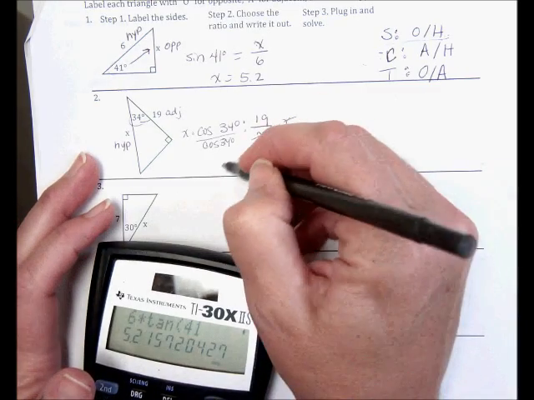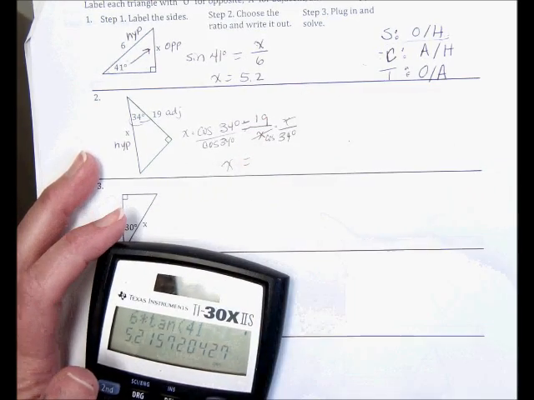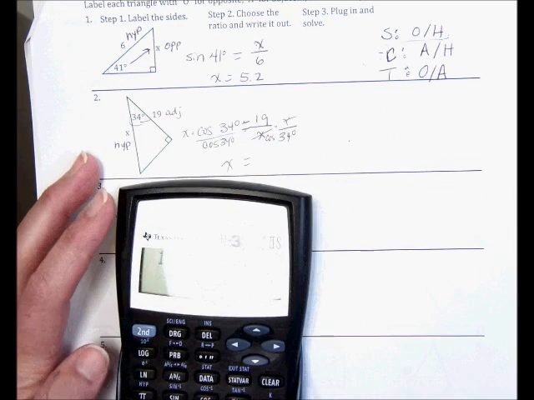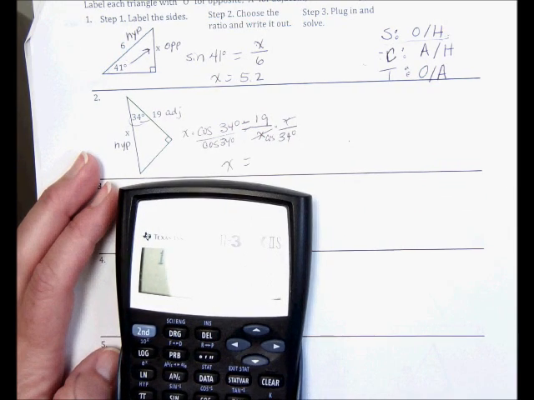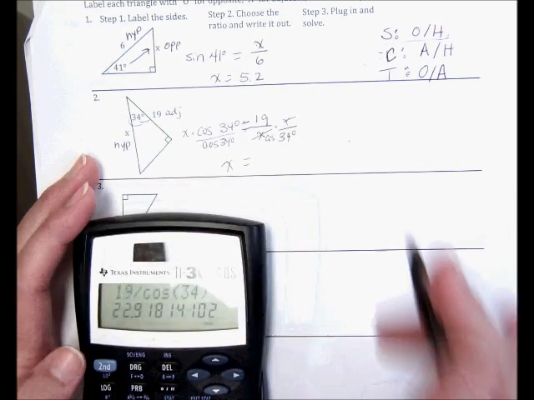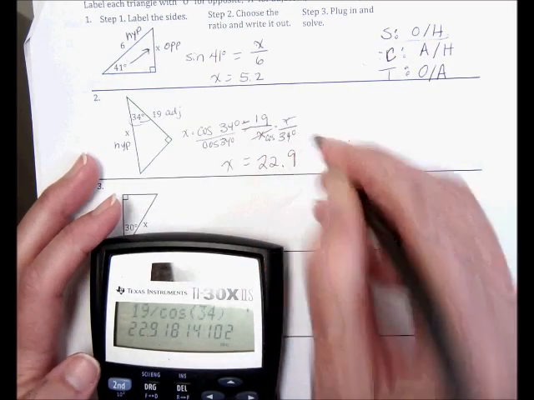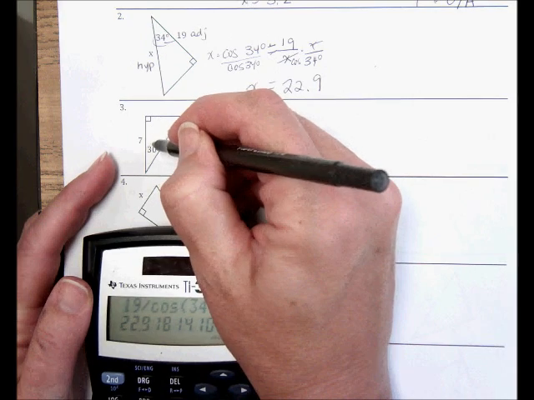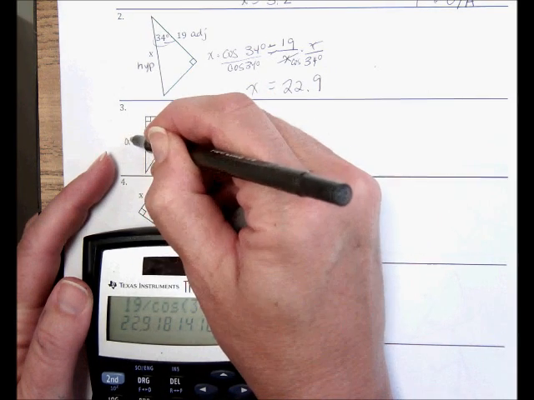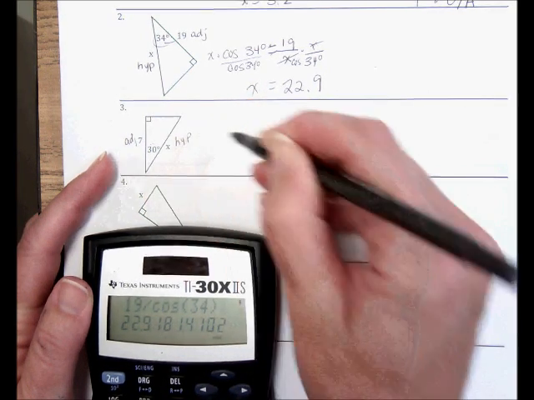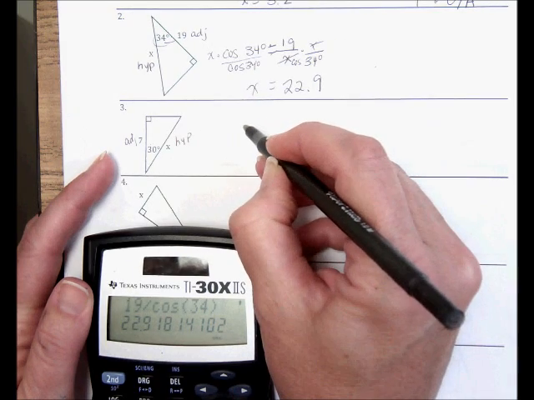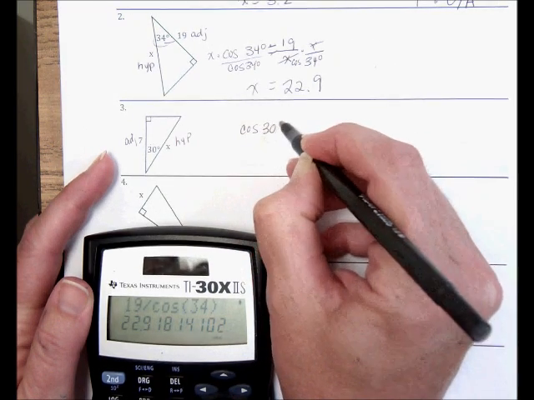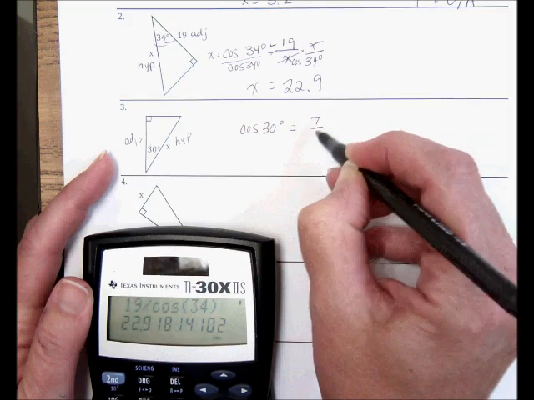The first thing I do is multiply both sides by x, and then divide both sides by cosine of 34 degrees. So x is going to equal 19 divided by cosine of 34 degrees, and x in this case is 22.9.